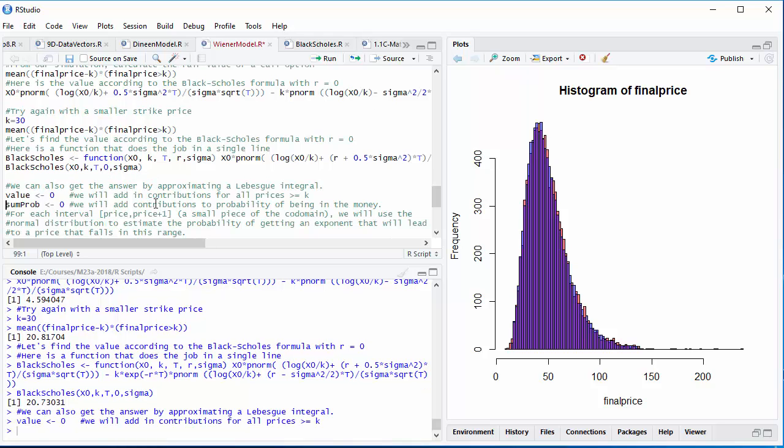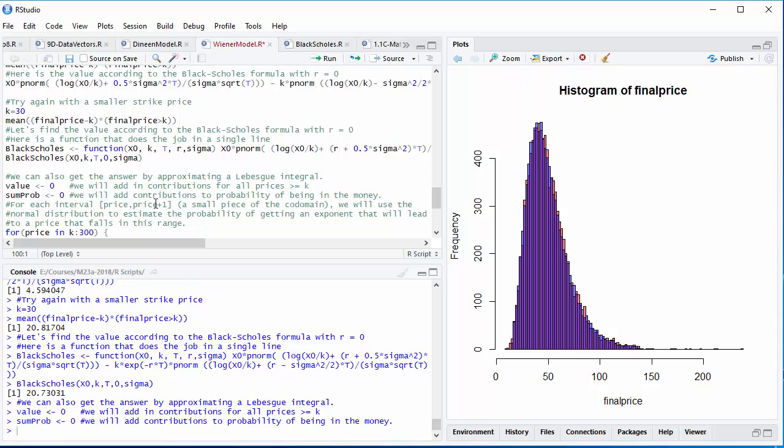Now there's one more way of doing this, and this will actually lead into the derivation of the Black-Scholes formula. Let's define a variable that will end up being the value of the call option, initialize it to 0, and another one that will end up being the probability that the call option is in the money. And what I'm going to do is a Lebesgue style integral.